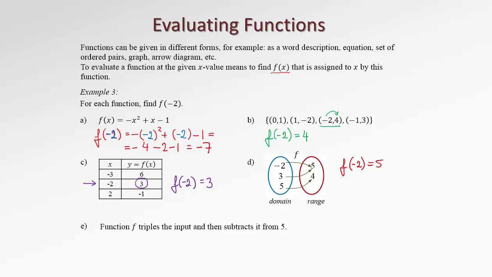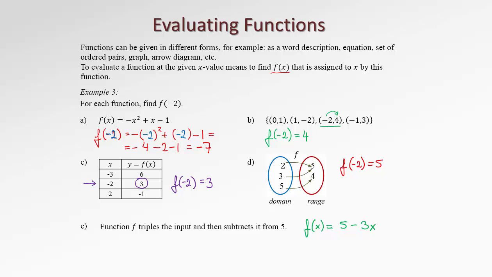So maybe first let's translate this word description into an equation. Our function f takes an input x, and what is it doing with it? Triples the input and then subtracts it from 5. Since subtract from is a backward structure, we need to start with 5 and subtract from it triple the input, so 3 times x.